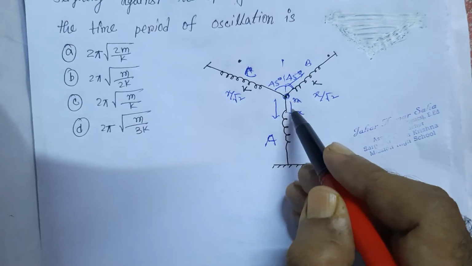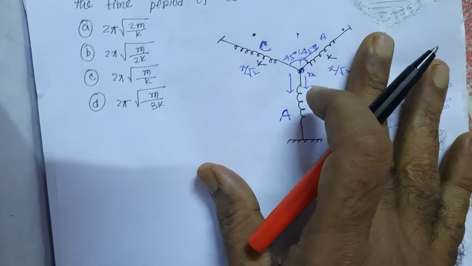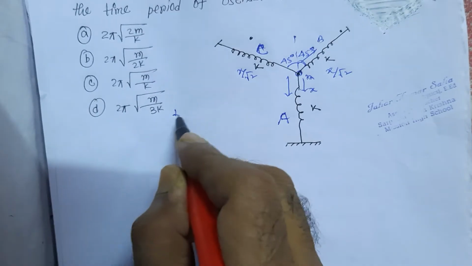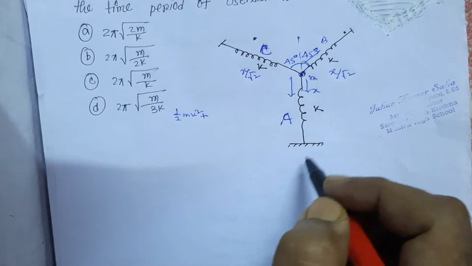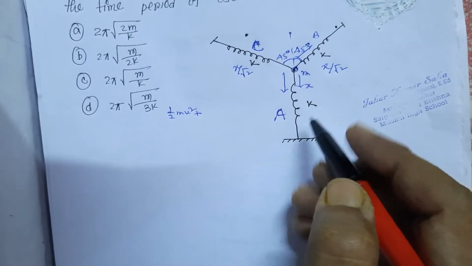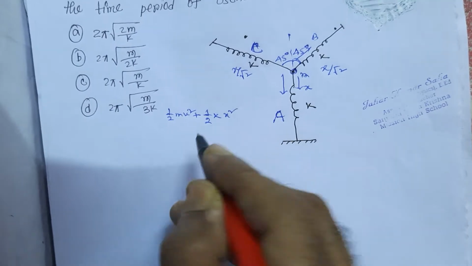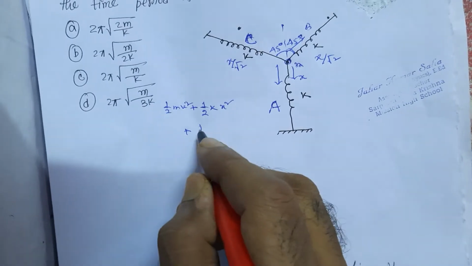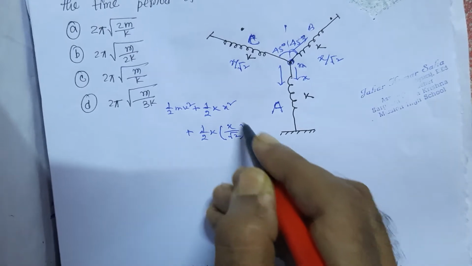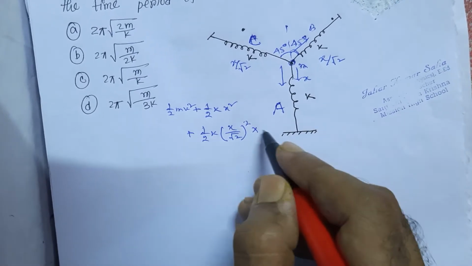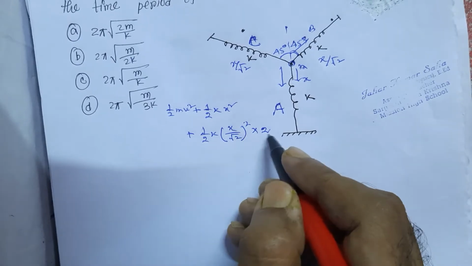Let the velocity of the mass be V. So from the energy conservation law, we can write down the mass having kinetic energy half mv square, plus the potential energy stored in the first spring is half k into x square, and that in the other two springs half k into x by root 2 whole square. For the two springs B and C, total energy should be half k x by root 2 whole square into 2.